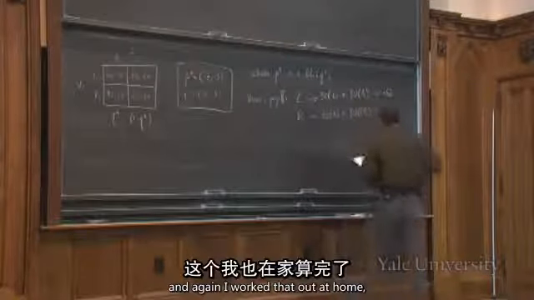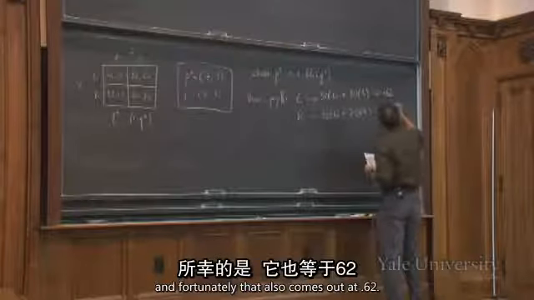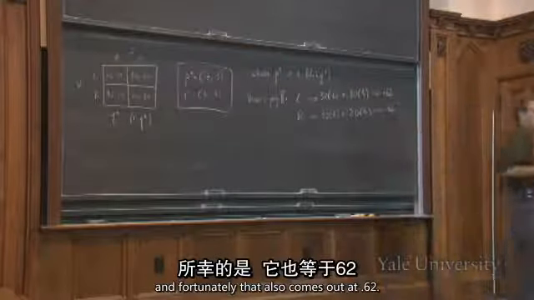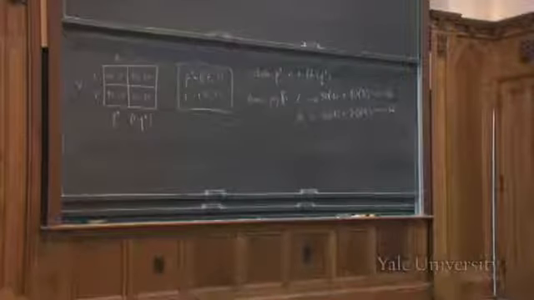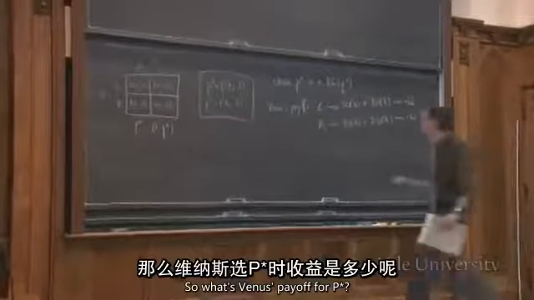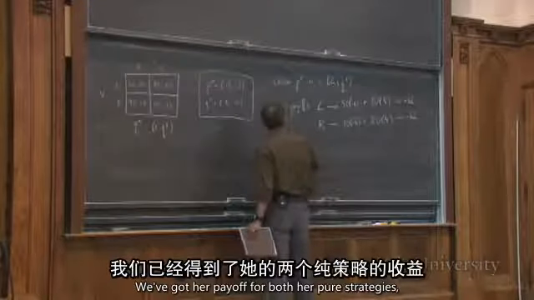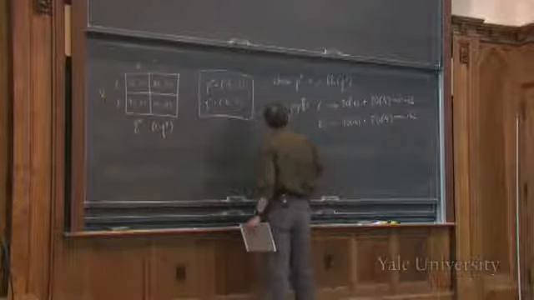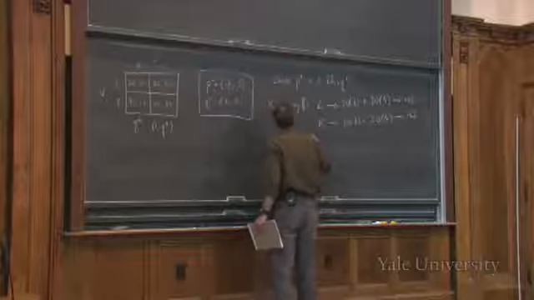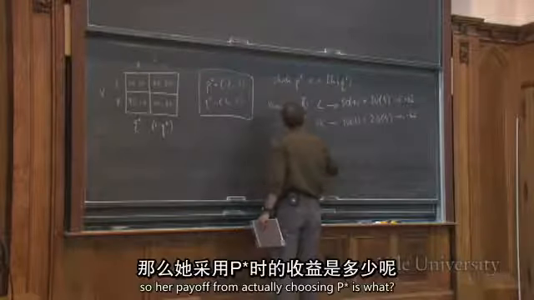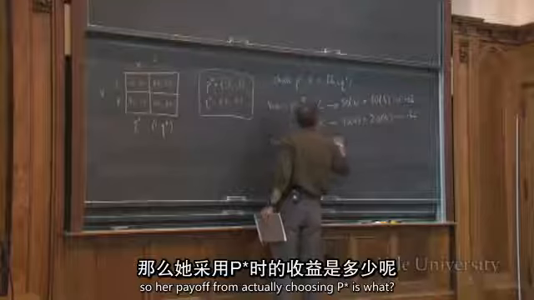And again, I worked that out at home, and fortunately, that also comes out at 62. So what's Venus's payoff for P star? We've got her payoff for both her pure strategies.